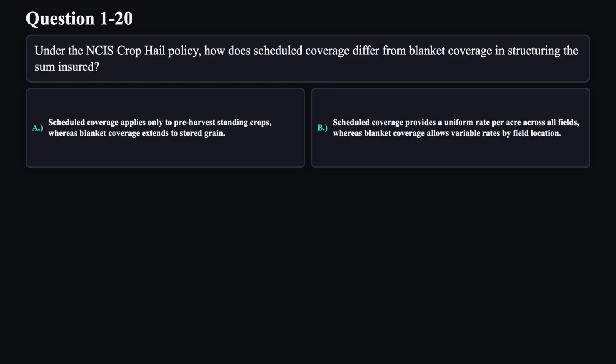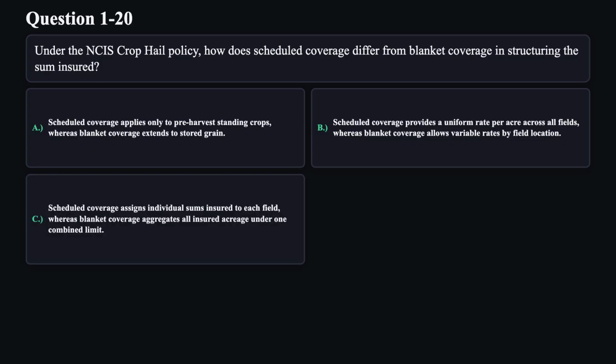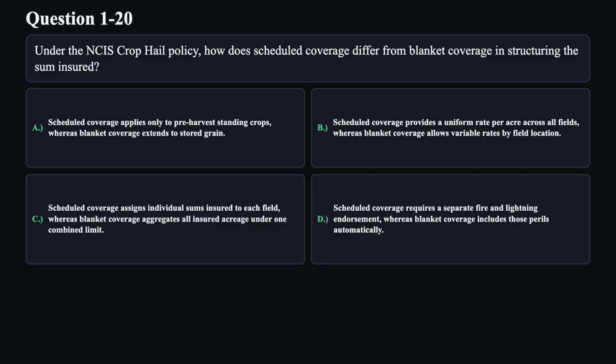B. Scheduled coverage provides a uniform rate per acre across all fields, whereas blanket coverage allows variable rates by field location. C. Scheduled coverage assigns individual sums insured to each field, whereas blanket coverage aggregates all insured acreage under one combined limit. D. Scheduled coverage requires a separate fire and lightning endorsement, whereas blanket coverage includes those perils automatically.